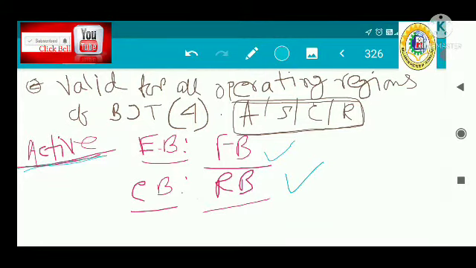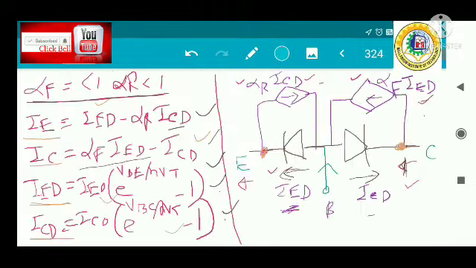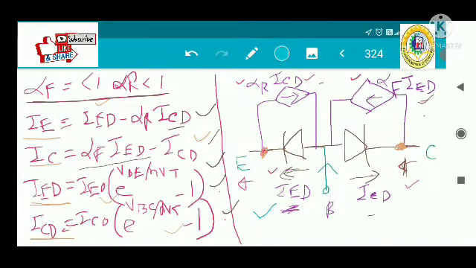So in the active region of the transistor, the emitter base junction is forward bias and the collector base junction is reverse bias. Now how will it be represented? As the emitter base junction is forward bias, this diode will be on, and this is reverse bias, so this diode will be off. There is no current, and this diode you can see as an open circuit.